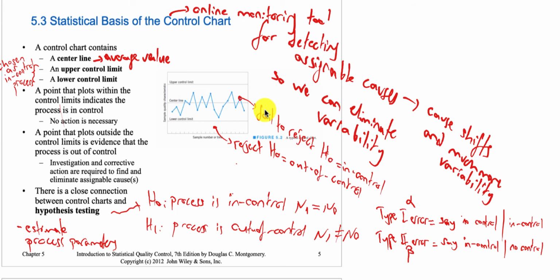In the next chapters, we are going to make a relation between specification limits and control limits. It is out of scope for this lecture, but these control limits are not the specification limits.